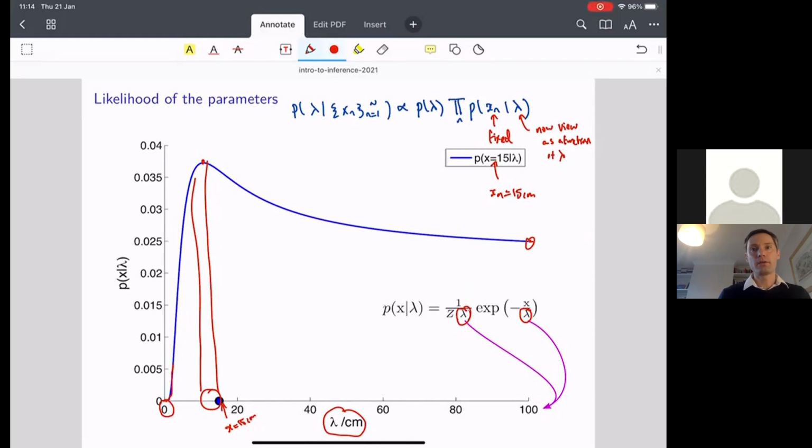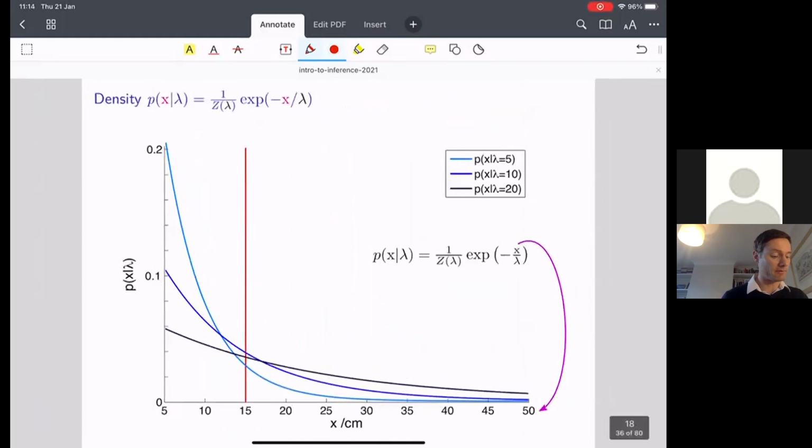So what we're going to do now is try and figure out precisely why this peak occurs in the middle here at around 15, maybe 12 centimeters. Why does that end up being the most compatible setting of lambda with the observed data point at 15 centimeters?